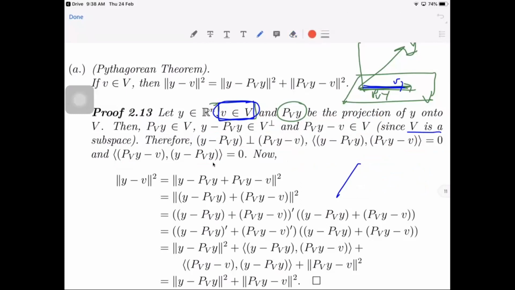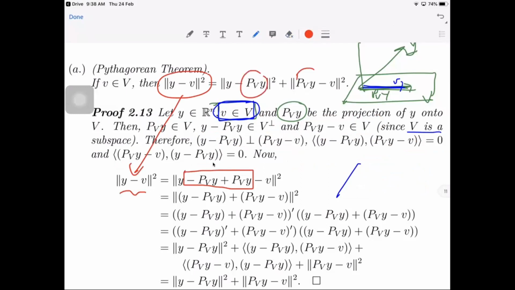Next, we want this, so we write that. Okay, so we just add and subtract with this term. Add and subtract groupings.